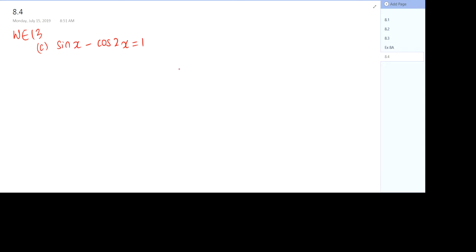What about part B? For sine x equals cosine 2x, we've got the graph of y equals sine x. We've also got the graph of y equals cosine 2x. Where they intersect will be our solution for sine x equals cosine 2x. What is the underlying principle behind this approach?